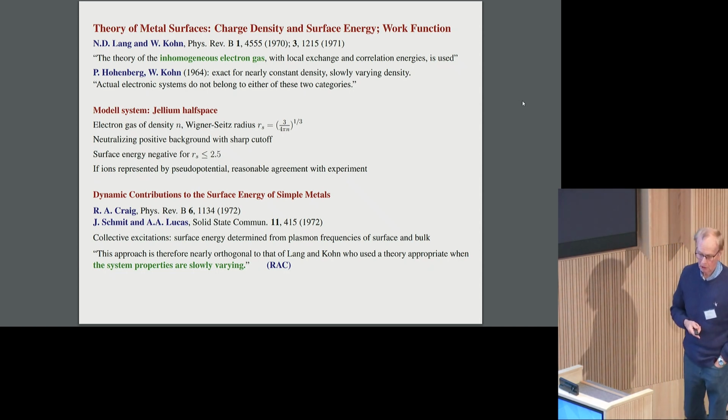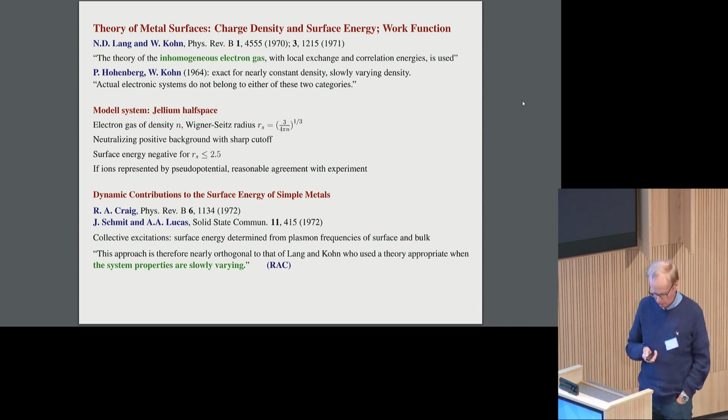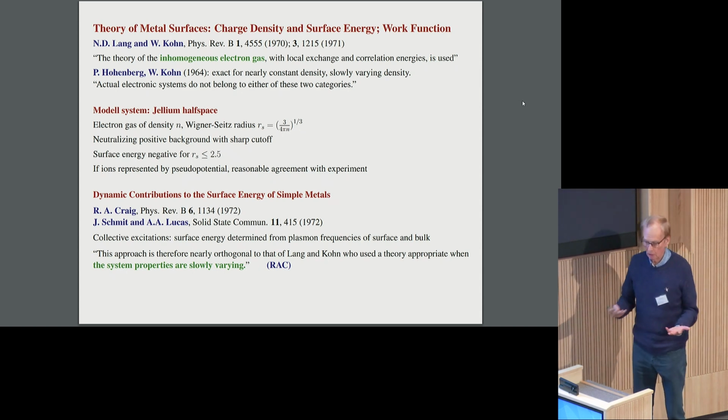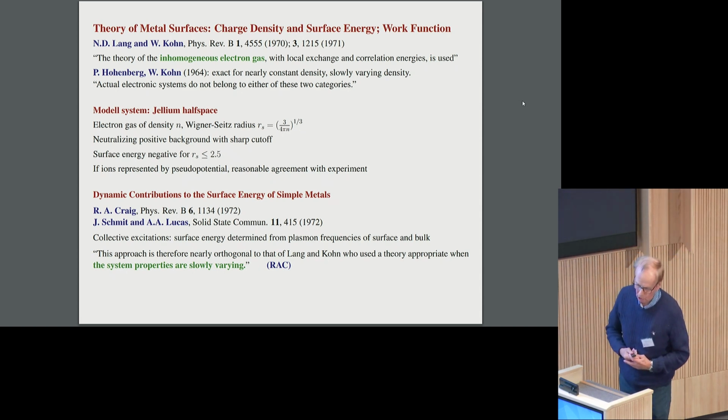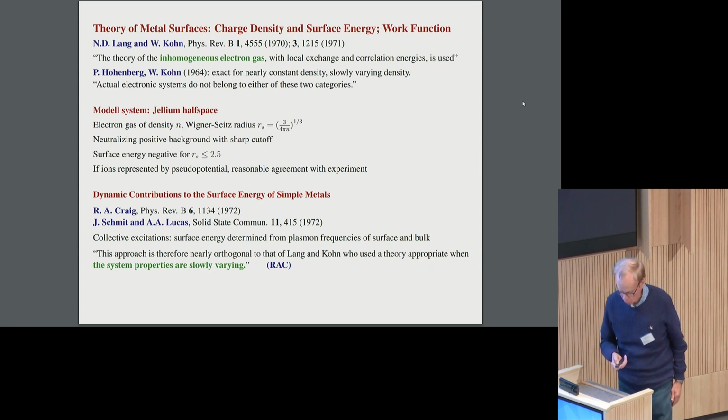This also gave rather good agreement with experiment. And as noted by Craig, this approach is really quite orthogonal to that of Lang and Kohn. Lang and Kohn were using the inhomogeneous electron gas under systems where this shouldn't work.